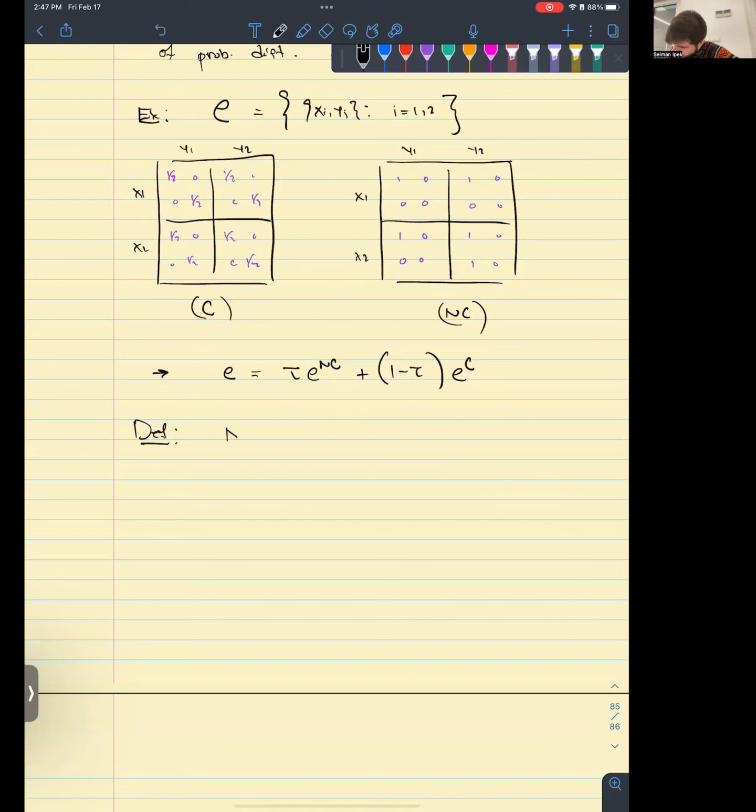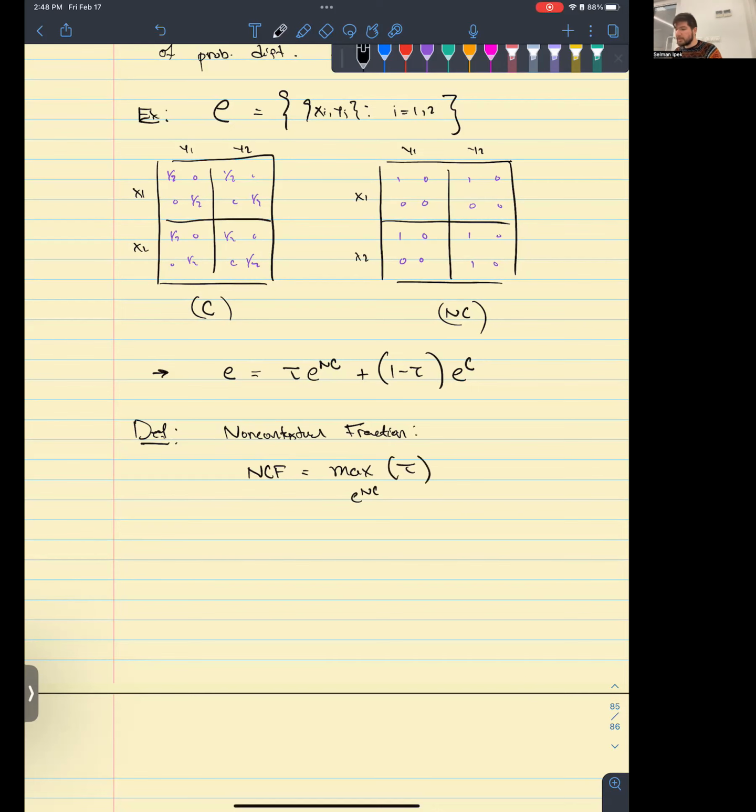So we have this thing called the non-contextual fraction. Basically it can be written as the maximum over all possible non-contextual parts of the empirical model.